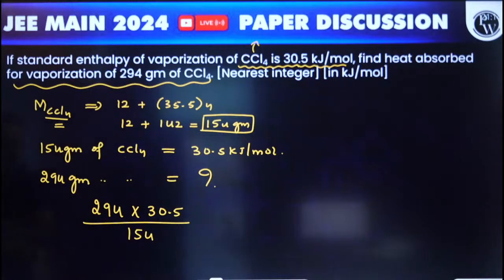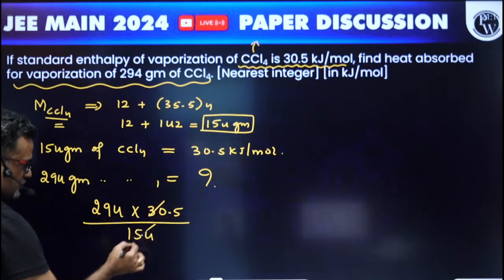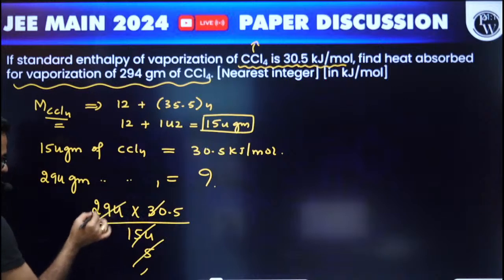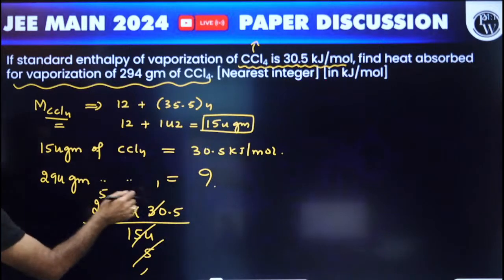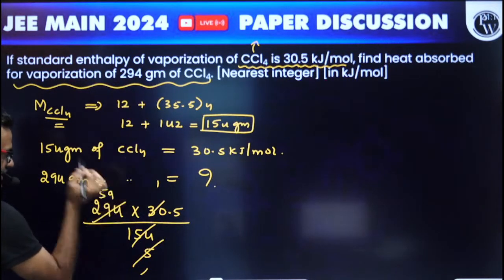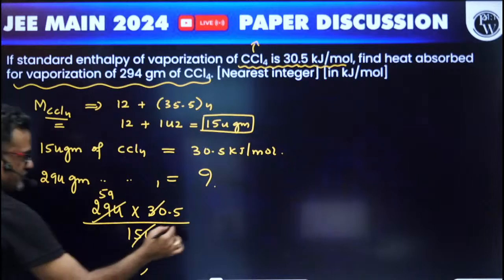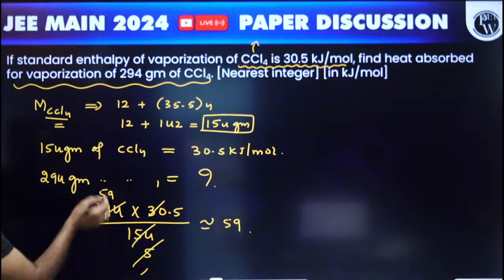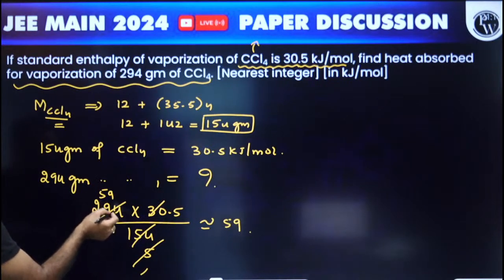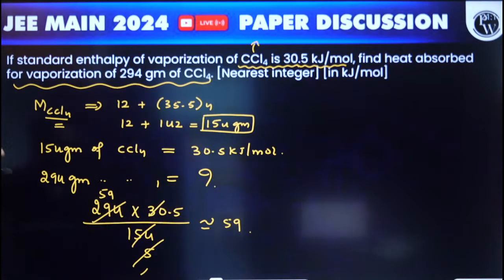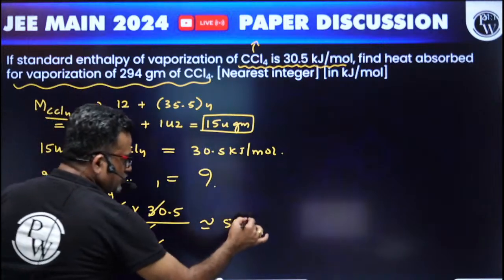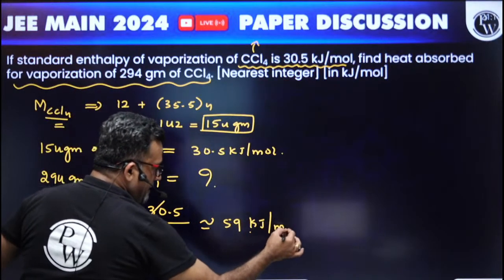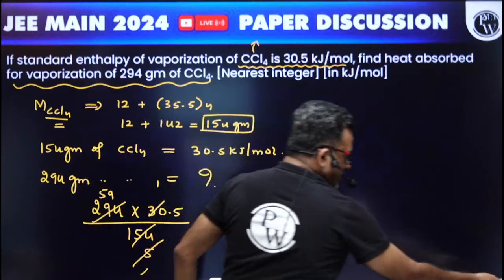How would you go ahead with this? 154 is almost 5 times 30, 5 ones are 5, 5 fives are 25. 294 is almost 9. So going ahead with 59, 5 ones are 5, 5 fives are 25, I am left with 44, 5 nines are 45. We can go with 59 kilojoule per mole. Got it?